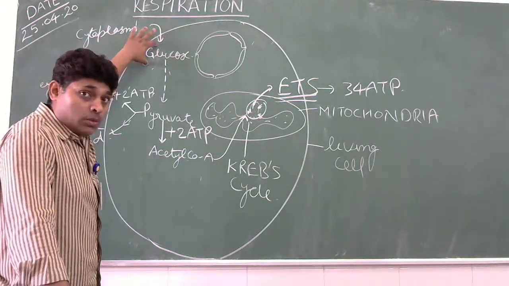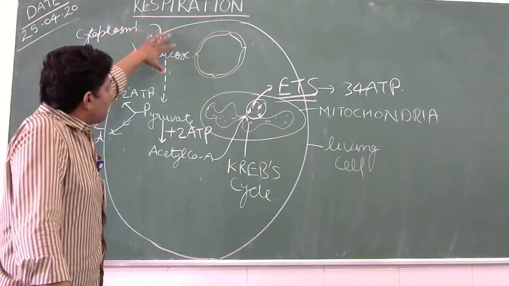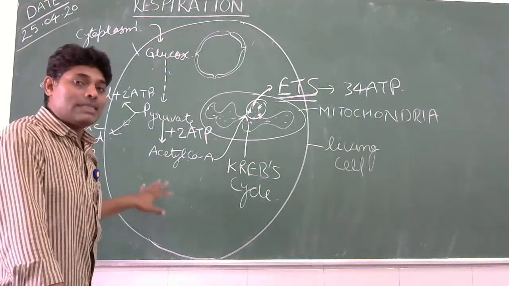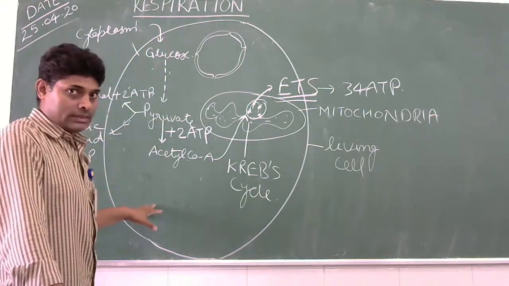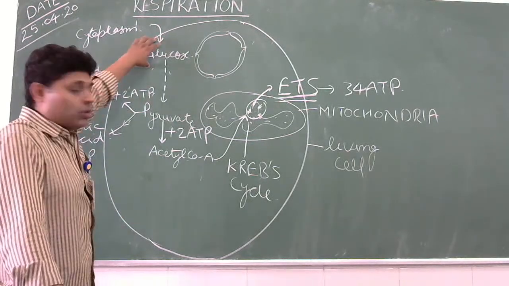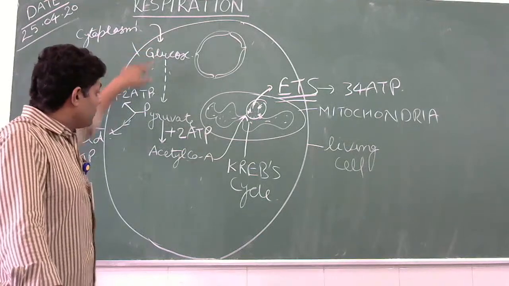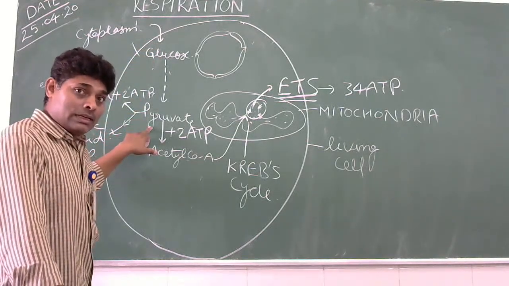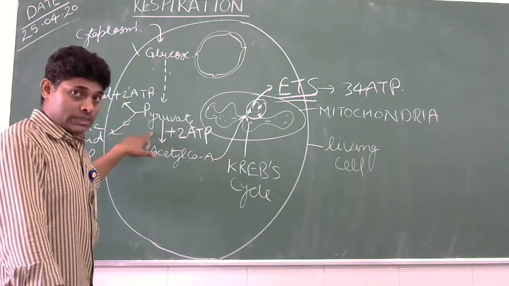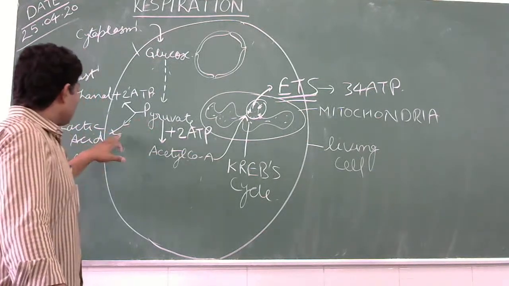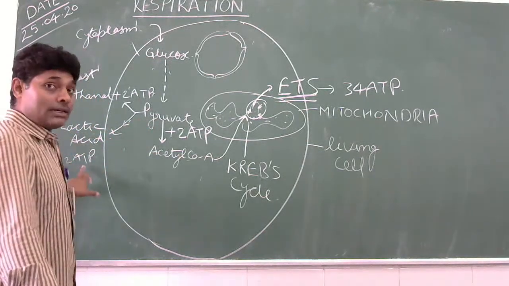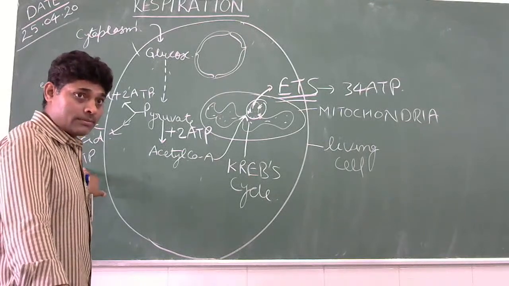Glucose goes into the cytoplasm. All the processes occurring in the cytoplasm are anaerobic. So glucose follows approximately 11 steps, and then it makes pyruvate. In the absence of oxygen, it converts into lactic acid and 2 ATP form.